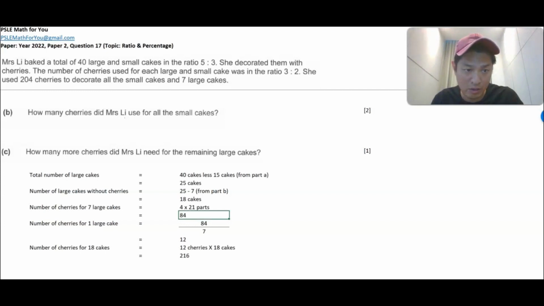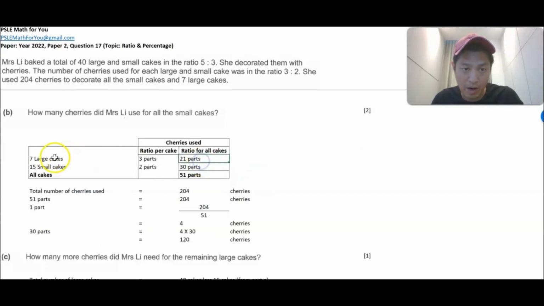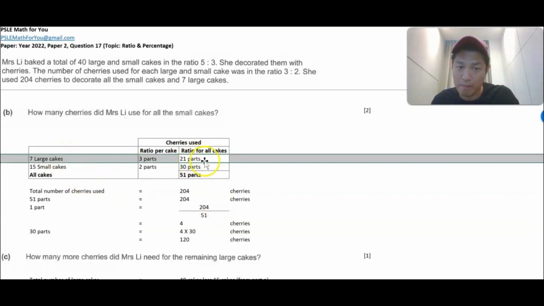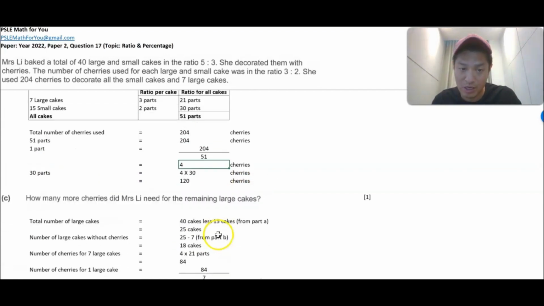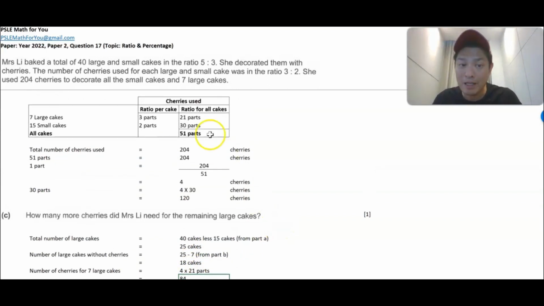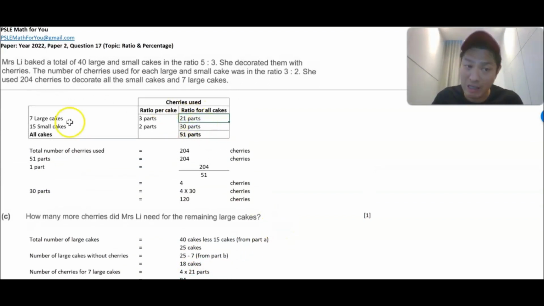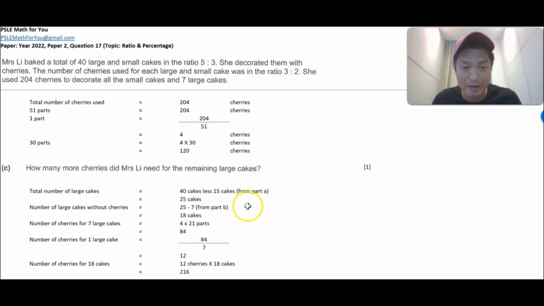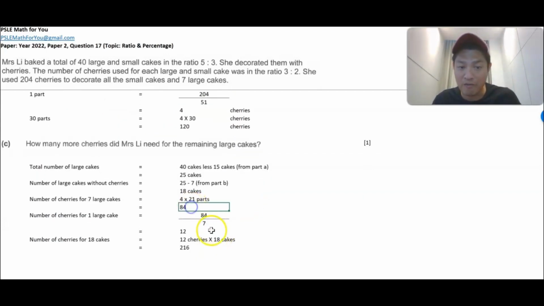Okay, and I'm just going to show you this table again. 7 large cakes requires 21 parts of cherries, and 1 part of cherry was 4 cherries. So the total number of cherries that I used for 7 large cakes was 4 cherries per part, multiplied by 21 parts, and that's going to be 84 cherries.